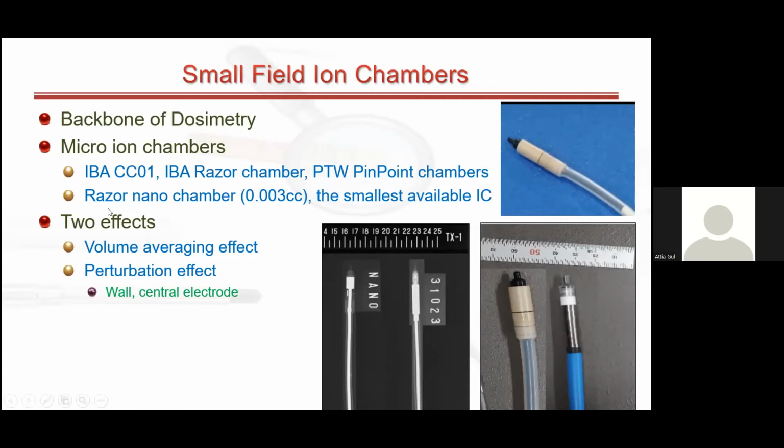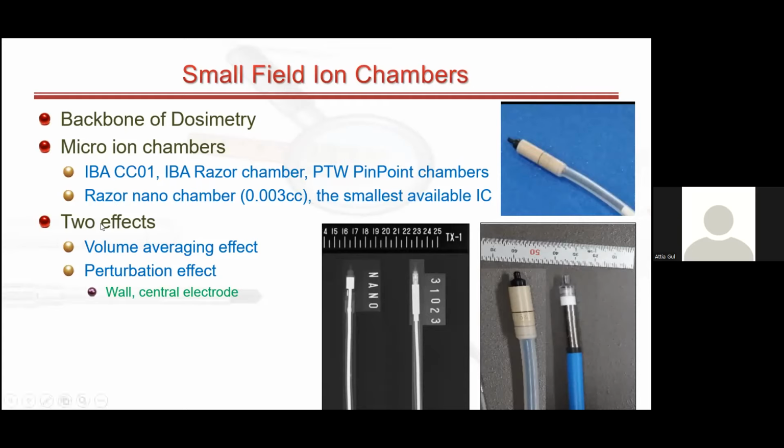Then there is also another, the IBA Razor Nano chamber, which is the smallest commercially available ion chamber with an active volume of 0.003 cc. Basically, it is spherical in shape.